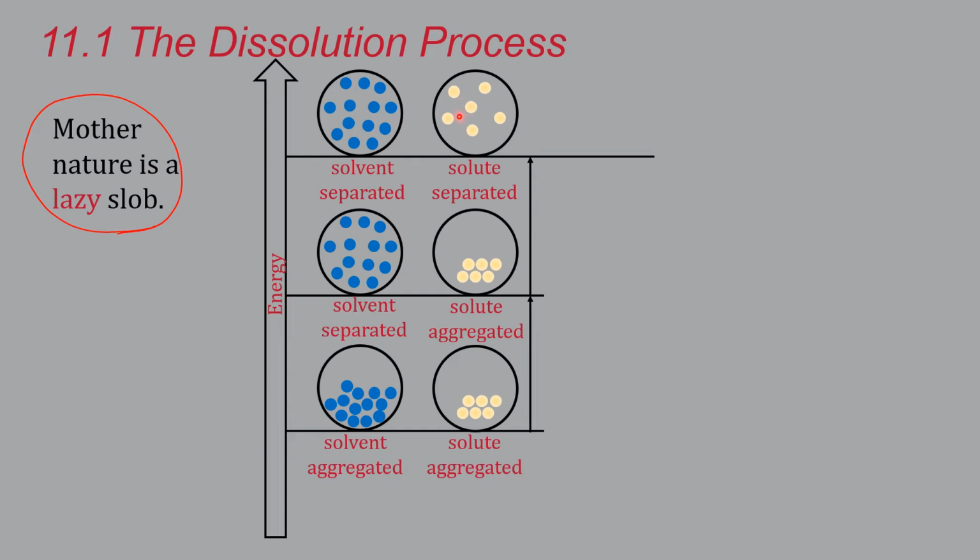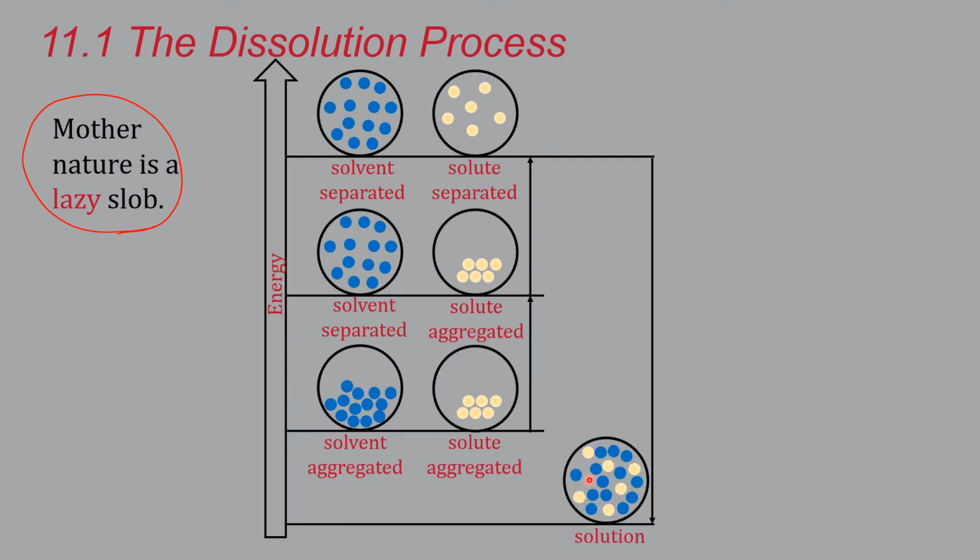And so the next thing that we do is we combine the solvent and the solute and let them interact with each other. And that, by definition, is going to be downhill energetically. Now, in this example, the resulting energy of the solution ended up being lower than the original energy of the solute just by itself and the solvent just by itself.